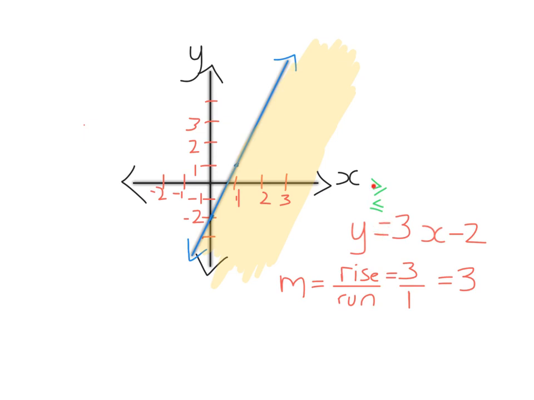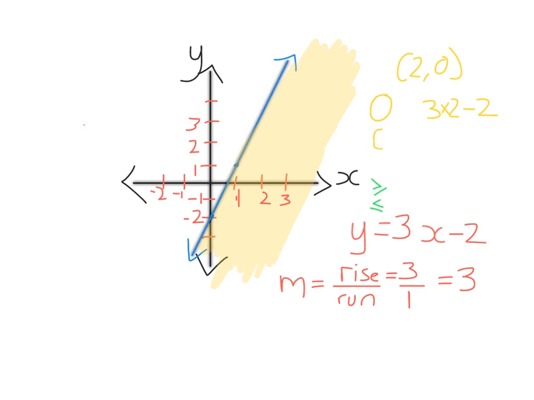To help me decide which of these symbols I need to pick, I'm going to pick a point that is in the region. I'm just going to pick this point here, which is the point 2, 0. x is 2, y equals 0. So taking my equation y equals 3x minus 2, I'm going to substitute y for 0 and x for 2.